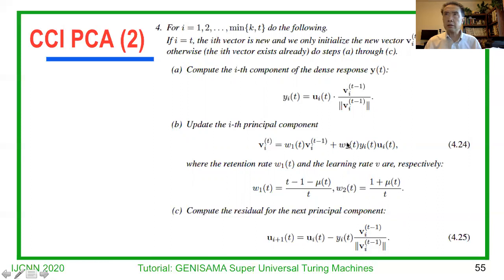Then this is a learning rate and retention rate, scalars, and the learning rate in our default case is 1 over t, where t is the age, the time. And the retention rate is 1 minus the learning rate. But we add this positive term so that if it is 0, then it becomes a straight average.